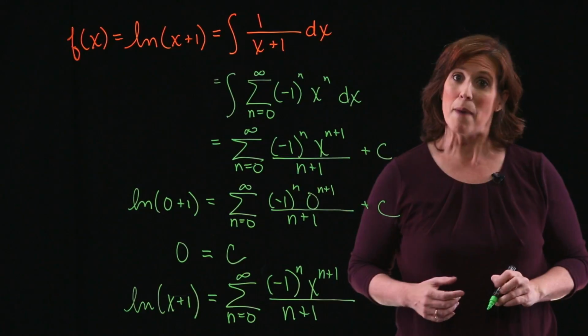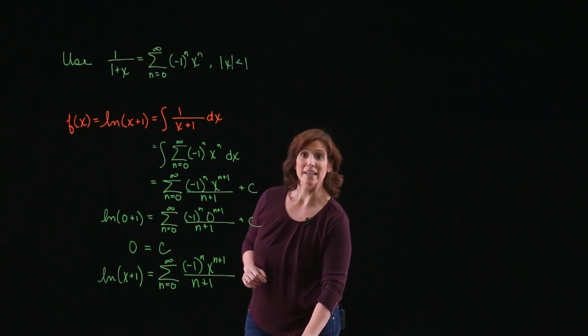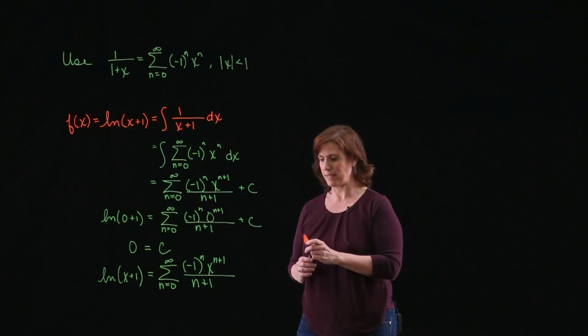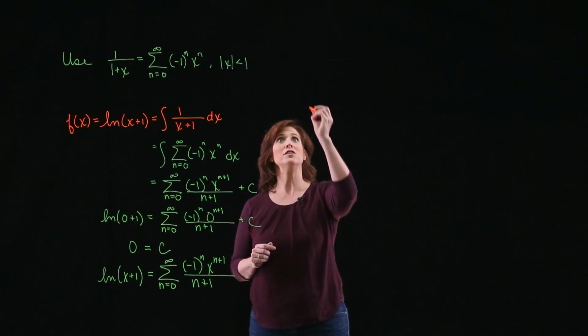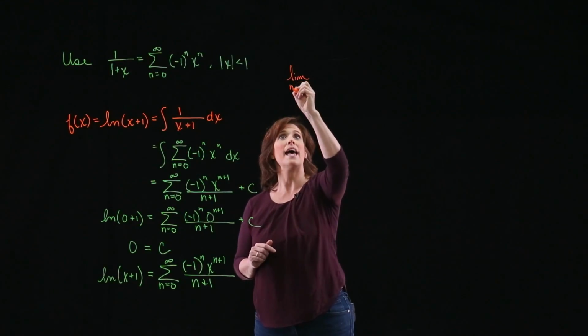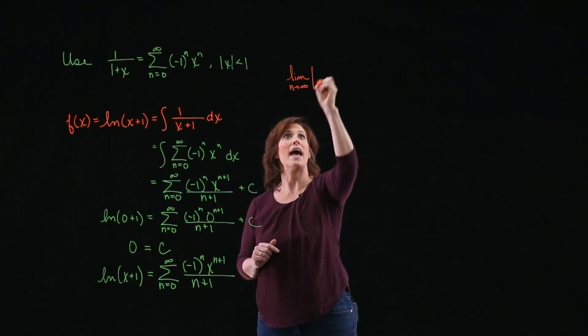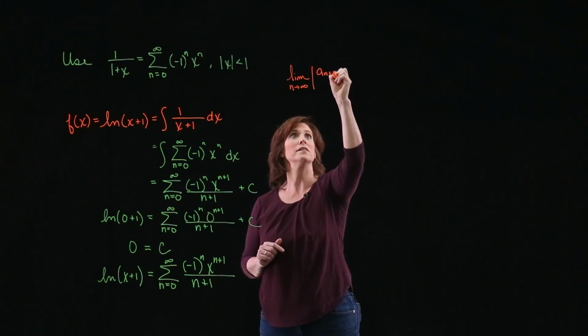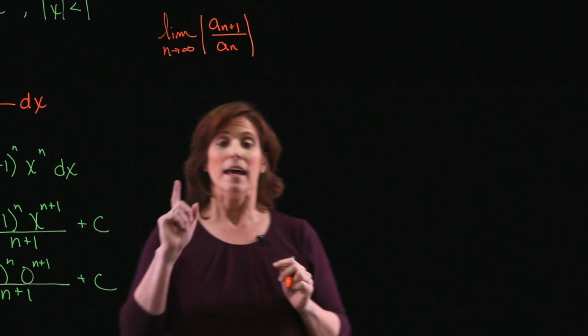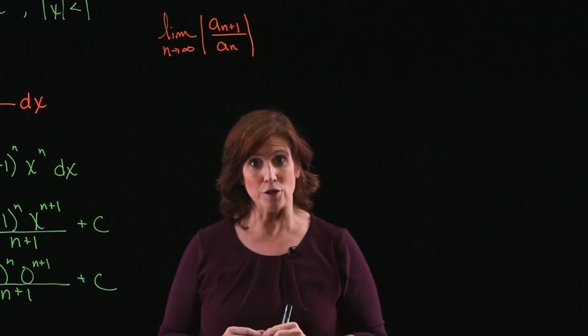Now that I have my power series, I'd like to find the interval of convergence. I'm going to begin by using the ratio test. For the ratio test, we take the limit as n approaches infinity of the absolute value of a sub n plus 1 over a sub n. If this limit is less than 1, it converges.